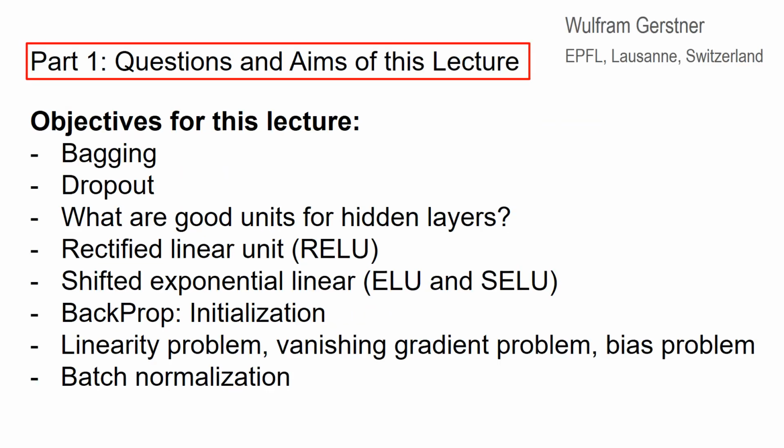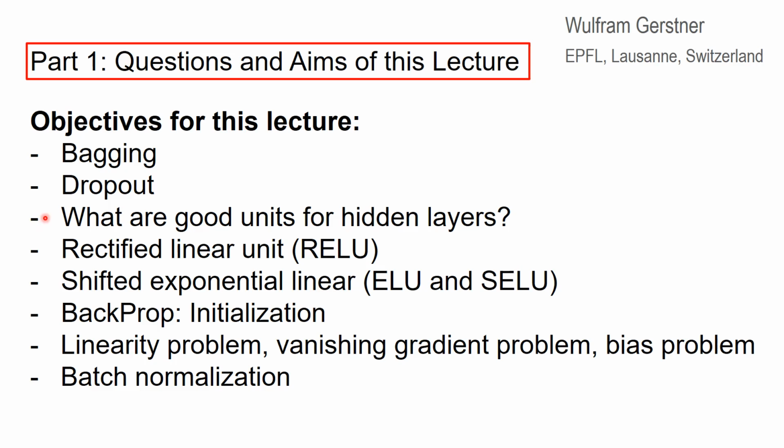So the plan for this lecture is the following. Dropout is a widely used method of regularization in deep networks, and as a preparation for dropout, we need to discuss a standard method that's called bagging. And then we come to the question of what are good units for hidden layers.